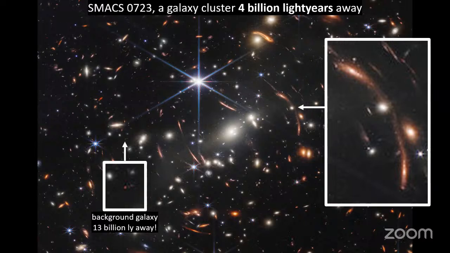It doesn't look very impressive, but it's actually a very, very far distant galaxy that we can see. Even though it's so faint, we've been able to see it because of the help of this gravitational lensing effect. So that galaxy in the lower left, that small red dot, is actually 13 billion light years away. So that's allowing us to see the universe when it was less than 1 billion years old after the Big Bang.